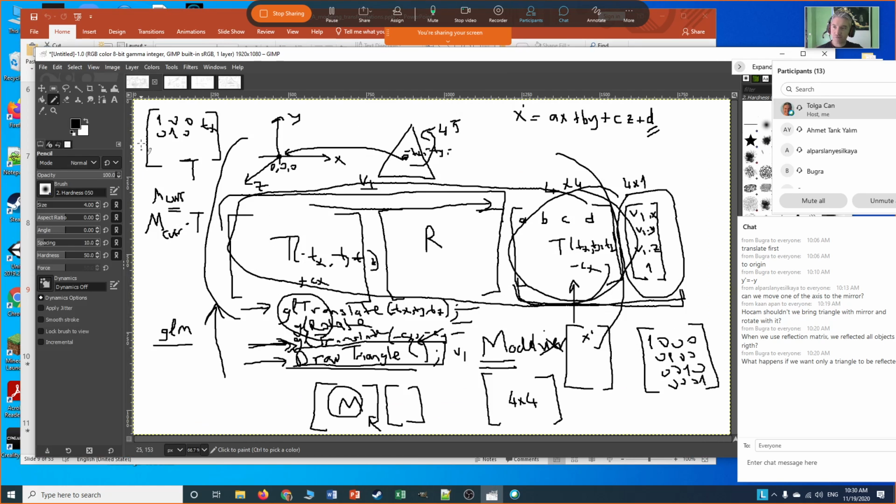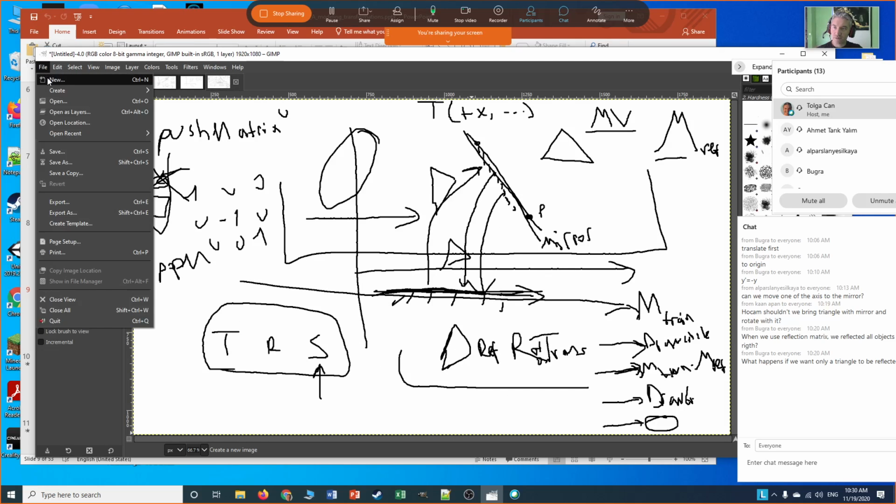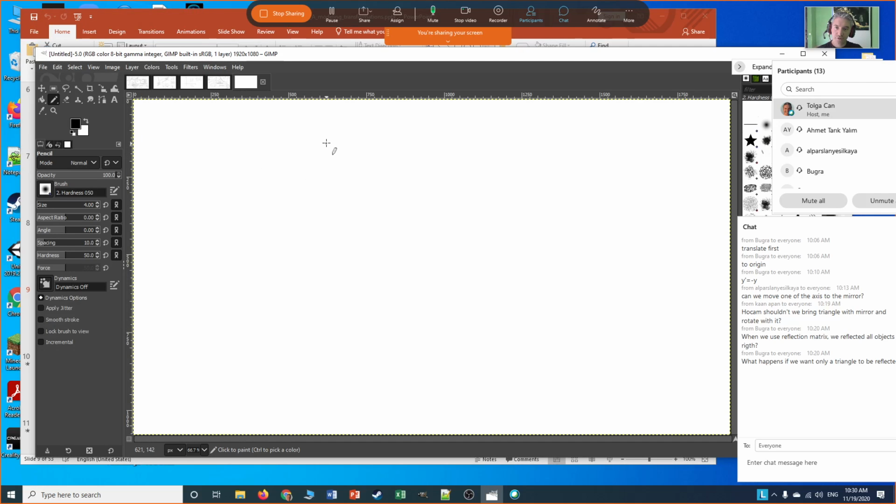In this current linear version, we cannot do something like this: x prime is equal to x over z, y prime is equal to y over z. Look at this. Is it possible in a linear transformation? No. Our form is like this: ax plus by plus cz plus d. Is it possible to divide your x coordinate by z to find x prime? No, it's not possible.